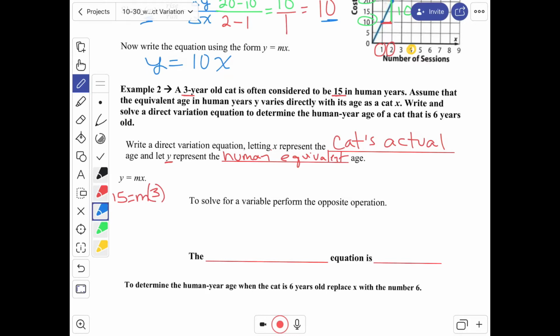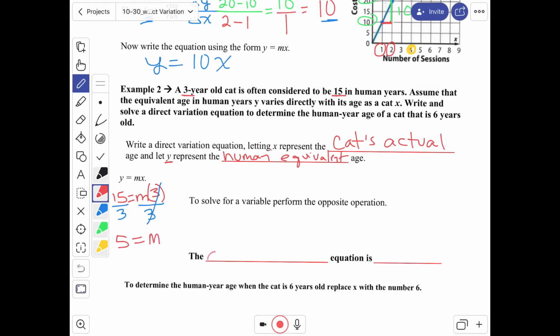We want to isolate the variable. To do that, we do the opposite of the operation. So this was multiplication. I'm going to divide. If I divide by 3 on both sides, then my m will be alone. 15 divided by 3 makes 5. And 3 divided by 3 makes 1, and 1m is the same as just m.